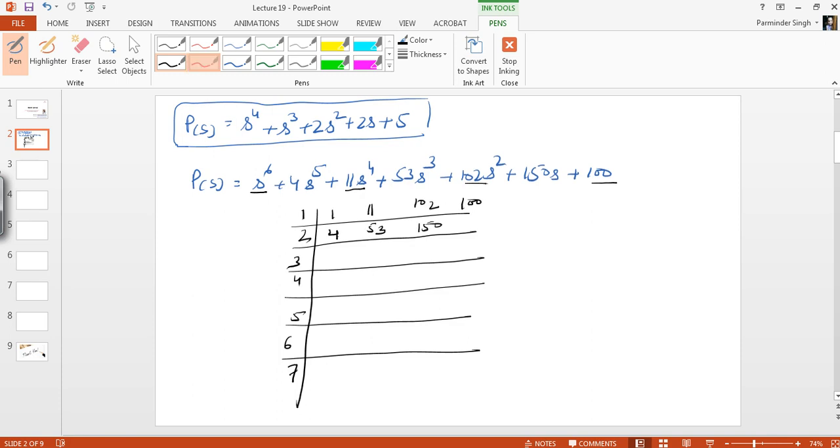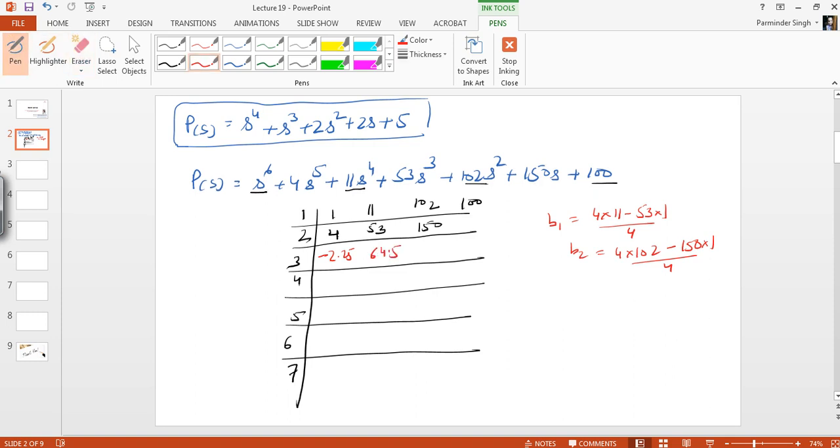Row number 3, b1, and what is b1? b1 is equal to 4 into 11 minus 53 into 1, divided by 4. So this comes out to be minus 2.25. b2, that is 4 into 102 minus 150 into 1, divided by 4, whatever that calculation is, so b2 comes out to be 64.5.